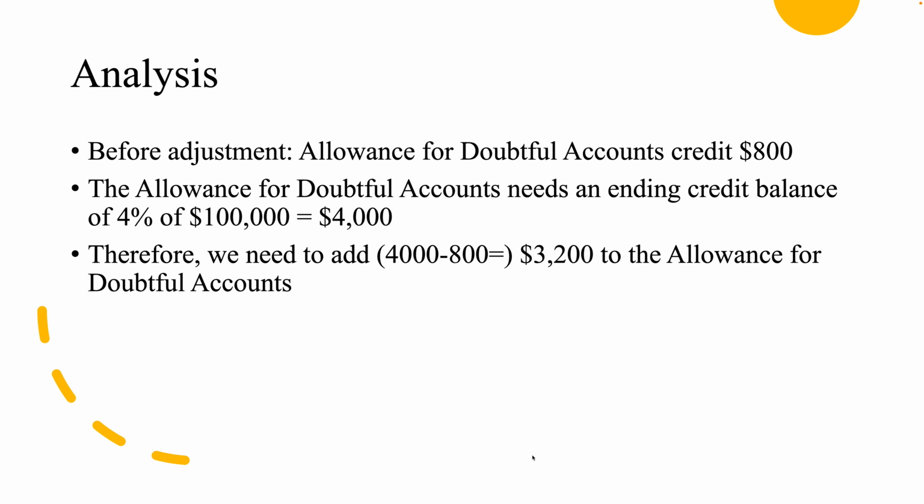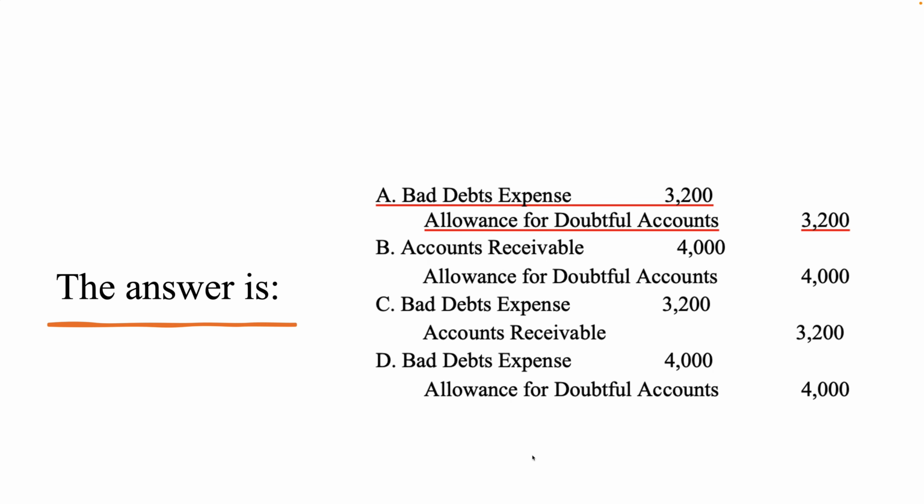So we have a credit balance of 800, and this can be done with a 3,200 debit to bad debt expense and a credit to allowance for doubtful accounts for the same amount. So the answer is A. Debit bad debt expense and credit allowance for doubtful accounts with the same amount, 3,200.